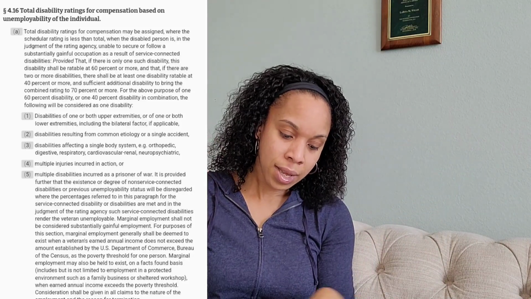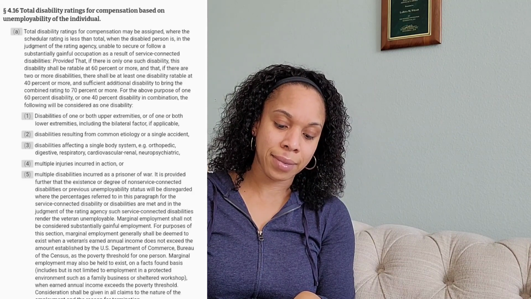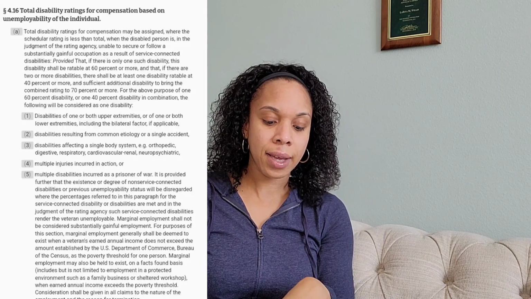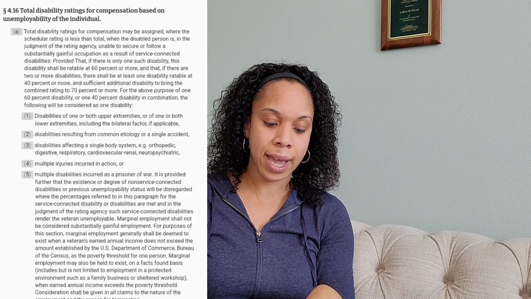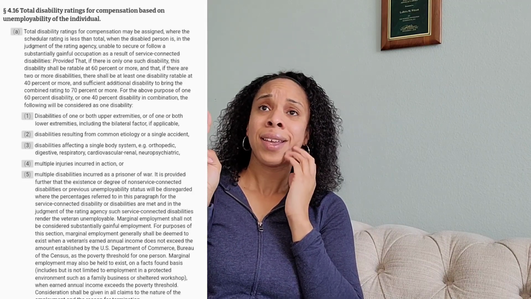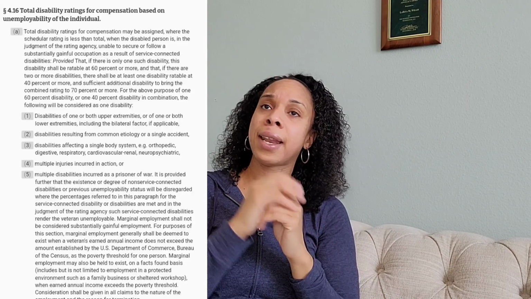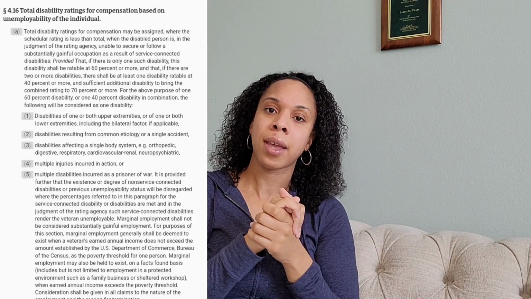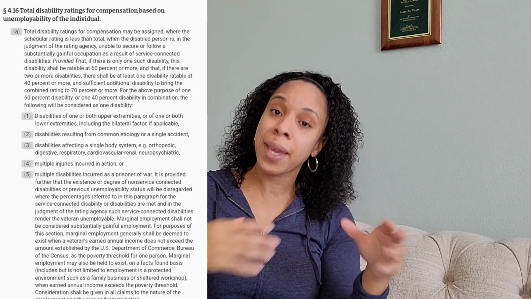That's number 2. The third is disabilities affecting a single body system. Examples: orthopedic, digestive, respiratory, cardiovascular, neuropsychiatric. I dealt with this recently where somebody had 70% combined, but didn't have one disability rated at 40%. I realized that the veteran had several orthopedic disabilities.